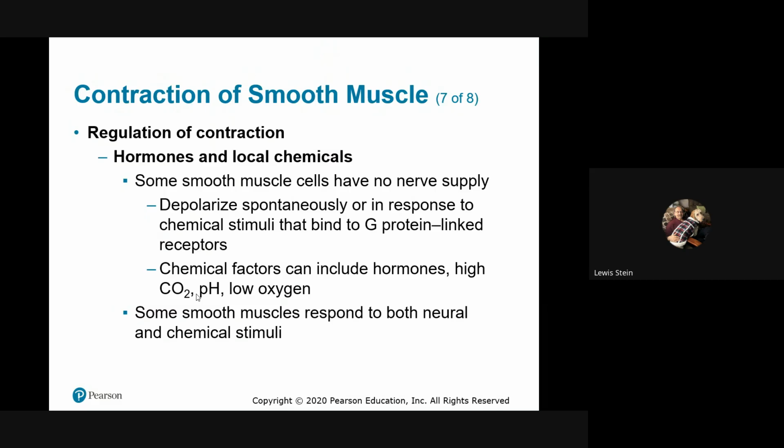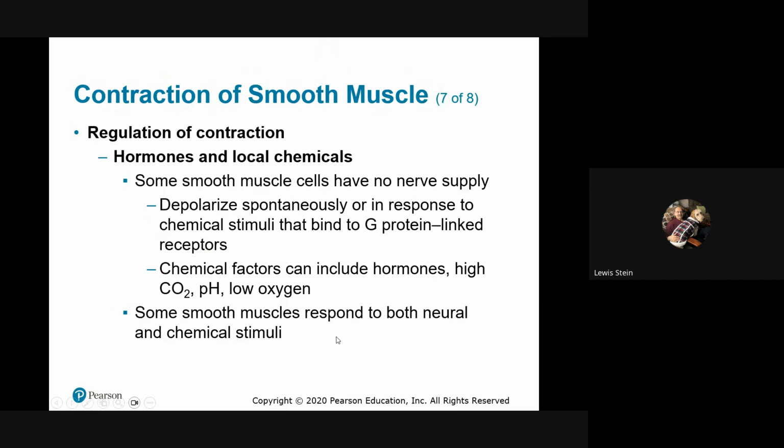Carbon dioxide and pH play a more significant role. What makes you want to breathe in is not low oxygen, it's high carbon dioxide retention, which in turn alters pH, particularly in the central nervous system. If you have to rely on low oxygen to make you breathe, you're probably not going to make it. That whole oxygen dissociation curve, not good.